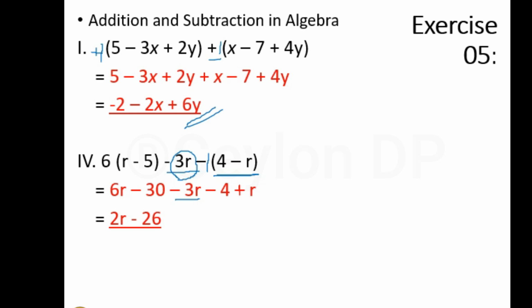And then this is also wrong. And then 6r minus 30. For the 6r, 6r minus 3r, it means the answer is 3r, and then plus r, and then plus r, so the answer is 4r.